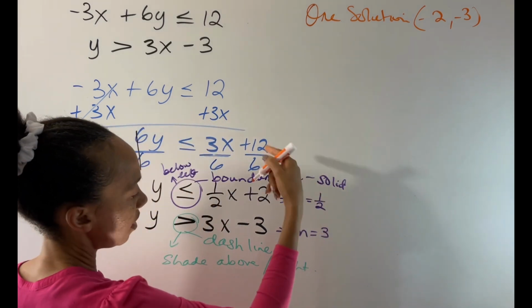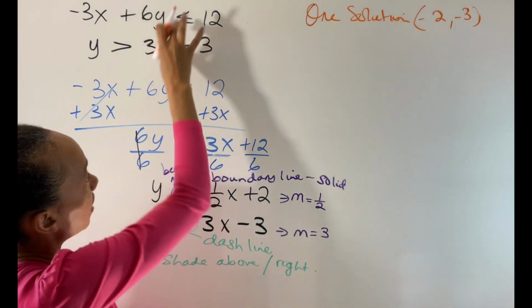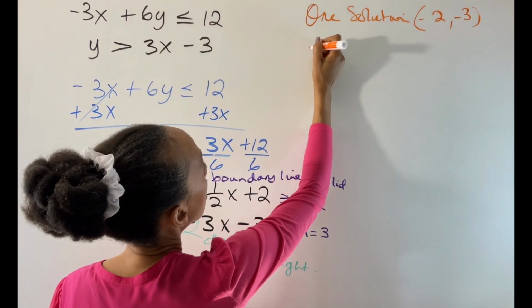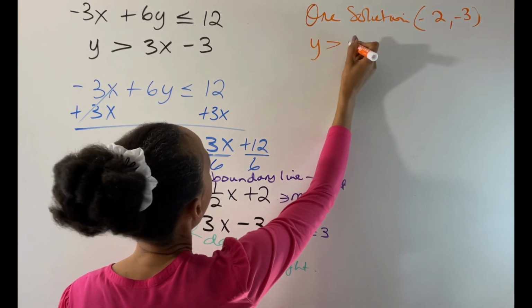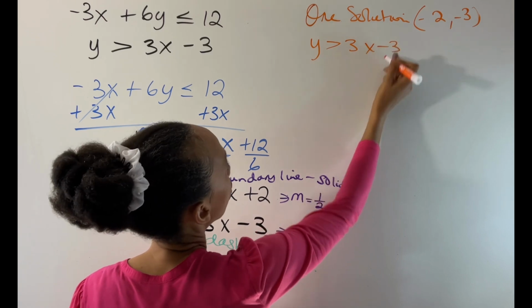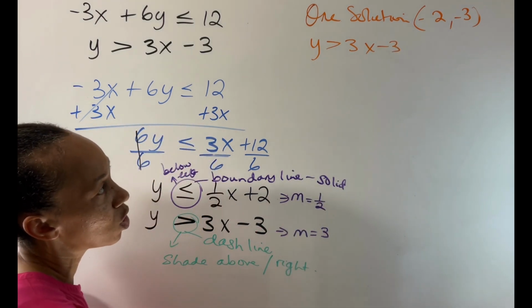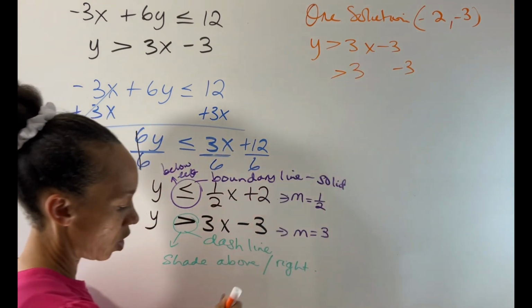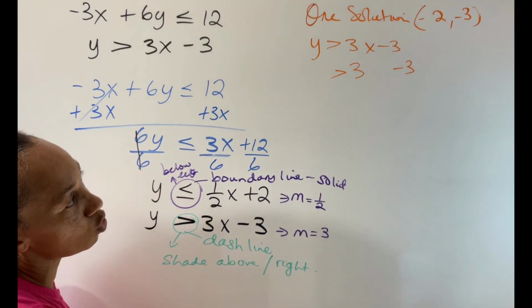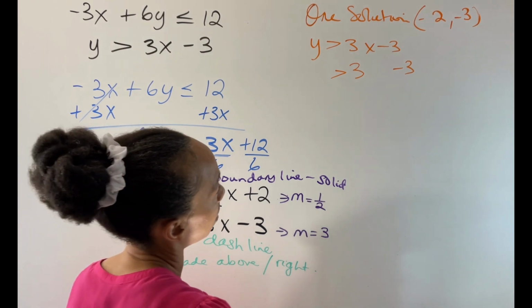And I'm going to test that in my system of linear inequalities. So I will write now that y is greater than 3x minus 3, and you're going to substitute your values for your variables. That's what you're going to do now. And so I'm going to substitute my -2 and my -3 there.